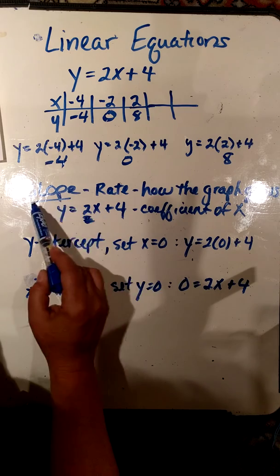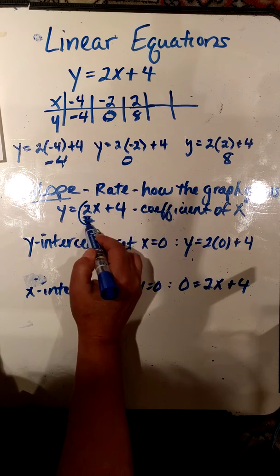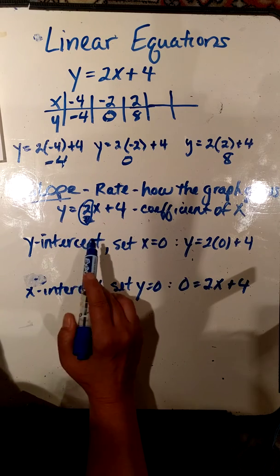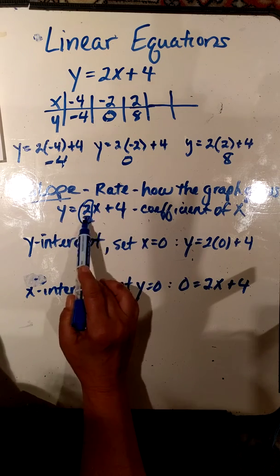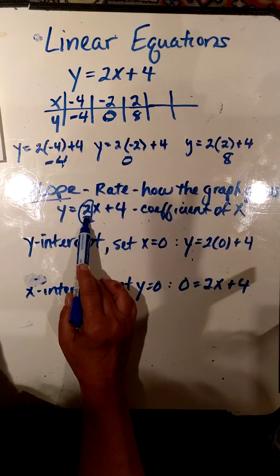So the slope in this equation is 2, or 2 over 1. We'll talk more about this later, but right now just understand the coefficient of x is the slope. In our particular equation right now it's 2.